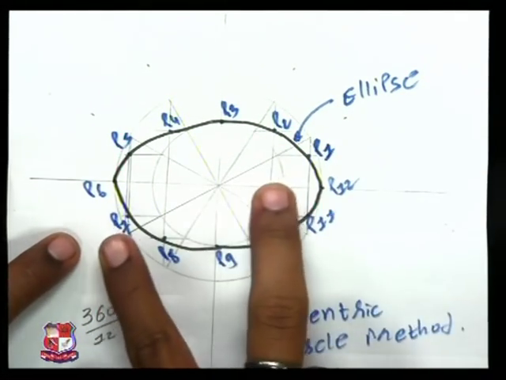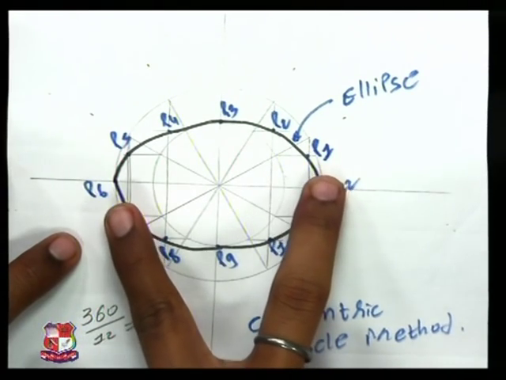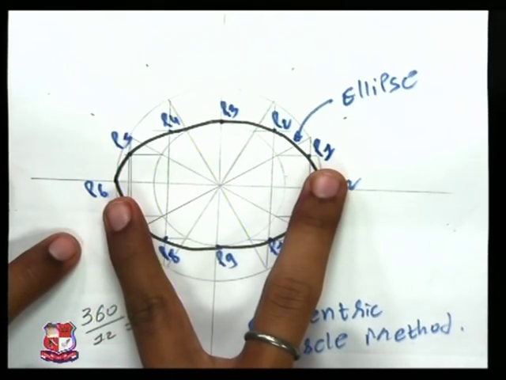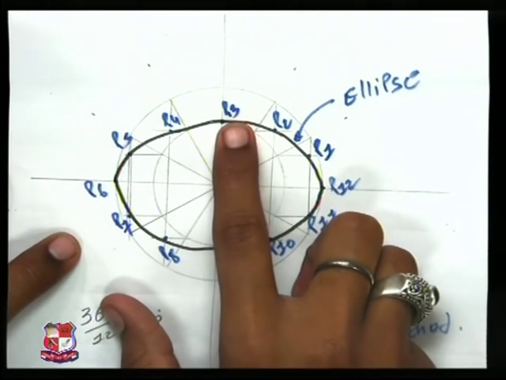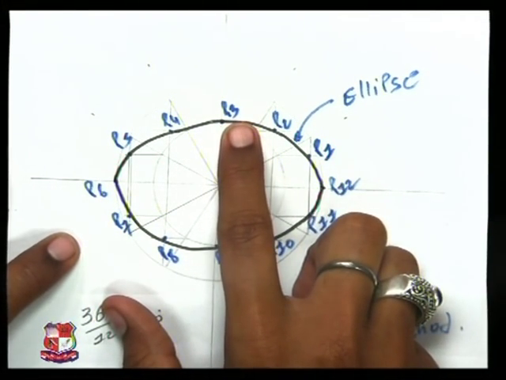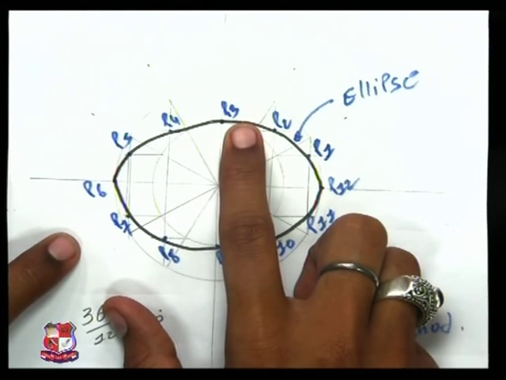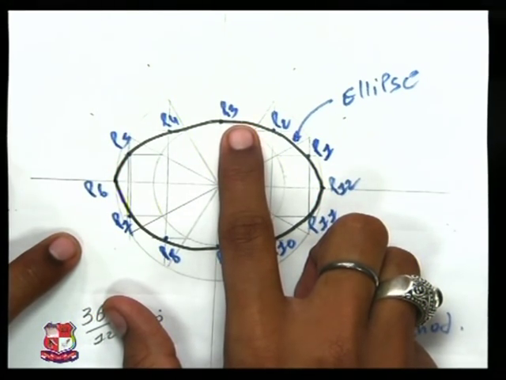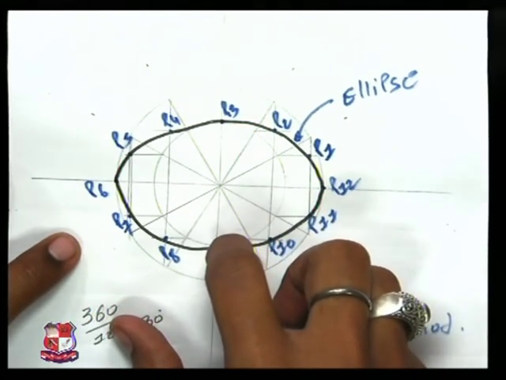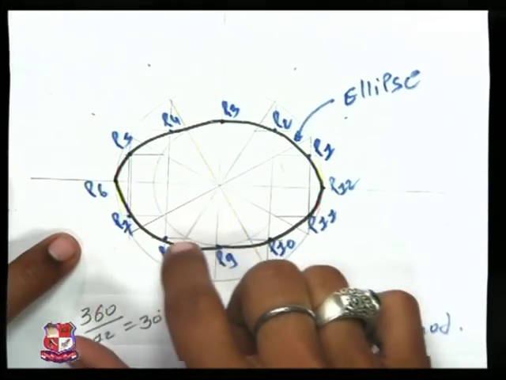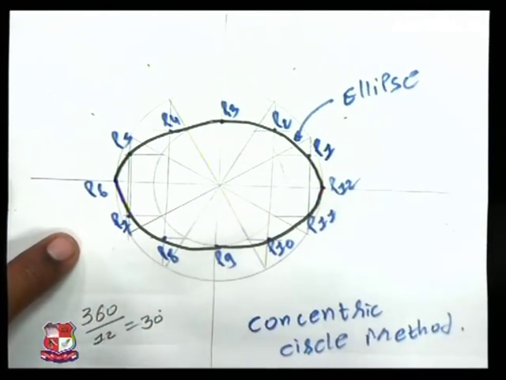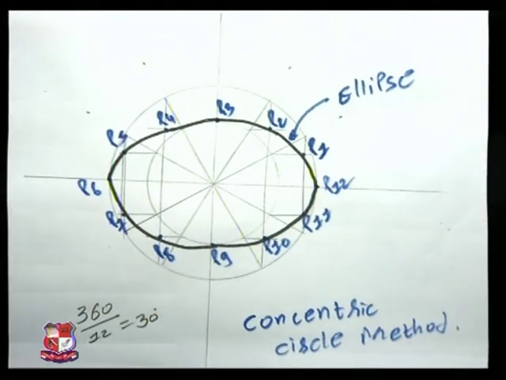We need to consider the major axis, so we have marked two outermost points P6 and P12. Whereas we also required the minor axis to be considered as well, so we have taken P3 and P9 as well. Joining with the French curve or manually, you can achieve your ellipse.